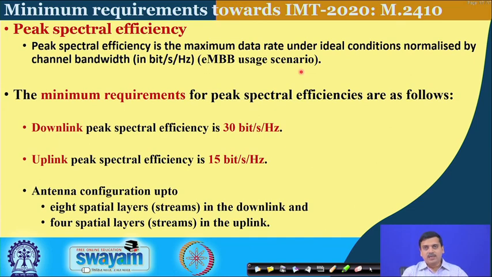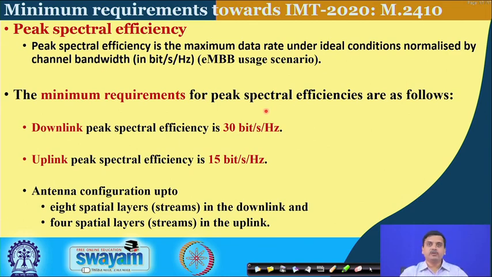Now, it is kind of an iterative definition, that is, data rate is in terms of spectral efficiency, which is in terms of data rate. One could calculate the spectral efficiency, from which one can calculate the data rate, and spectral efficiency calculations will be based on the modulation, the coding rate, the MIMO schemes, the overhead and everything put together.